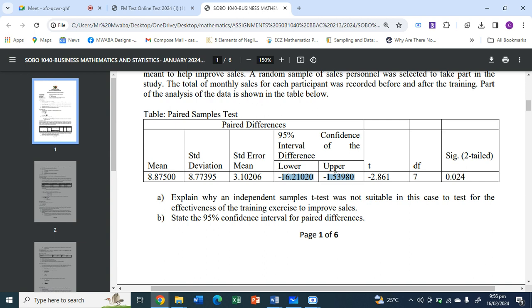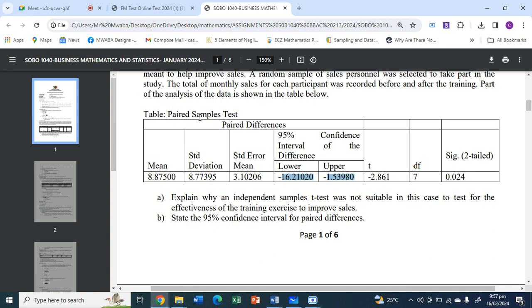This is the region where the difference of the means falls, because remember, in an independent samples test and a paired samples test, you're getting the difference of the means of the two groups that you are identifying. Okay, it's all about the difference of the means.